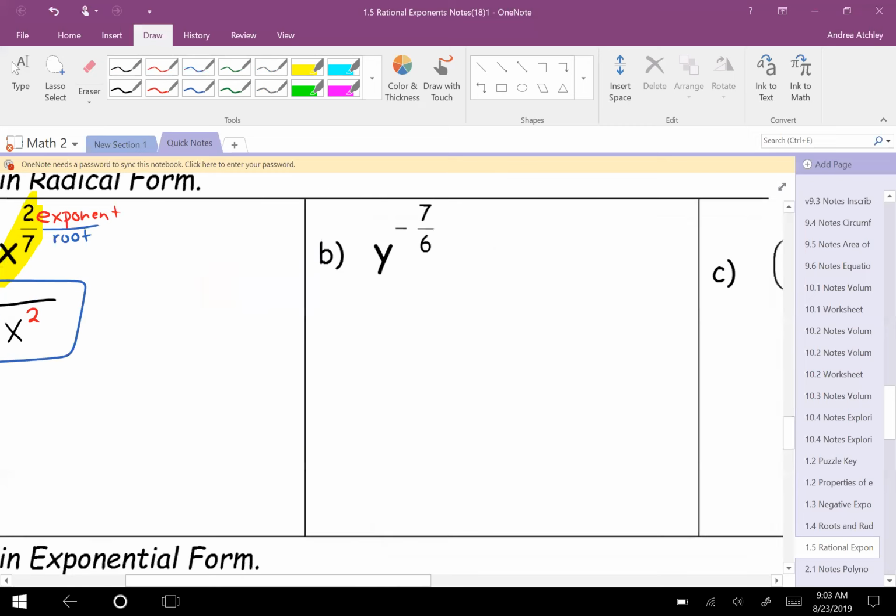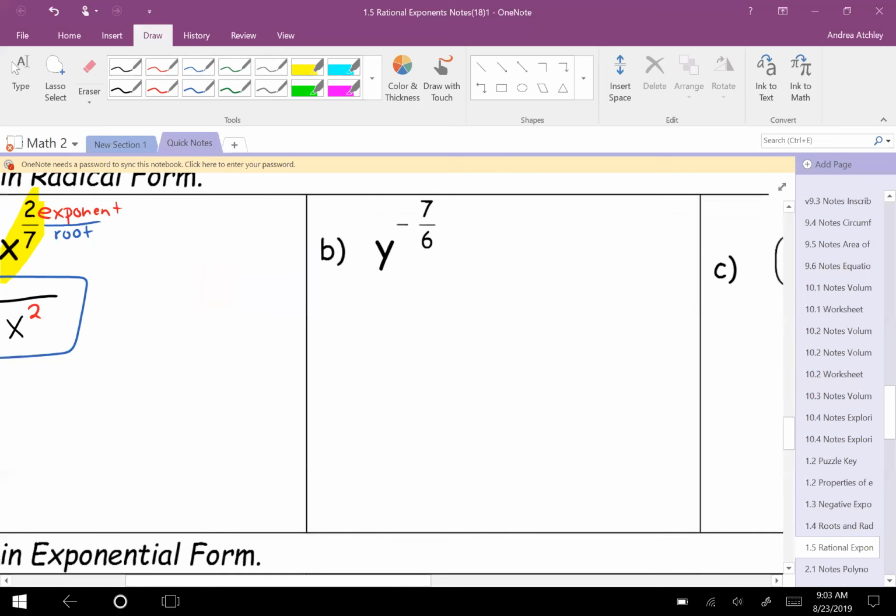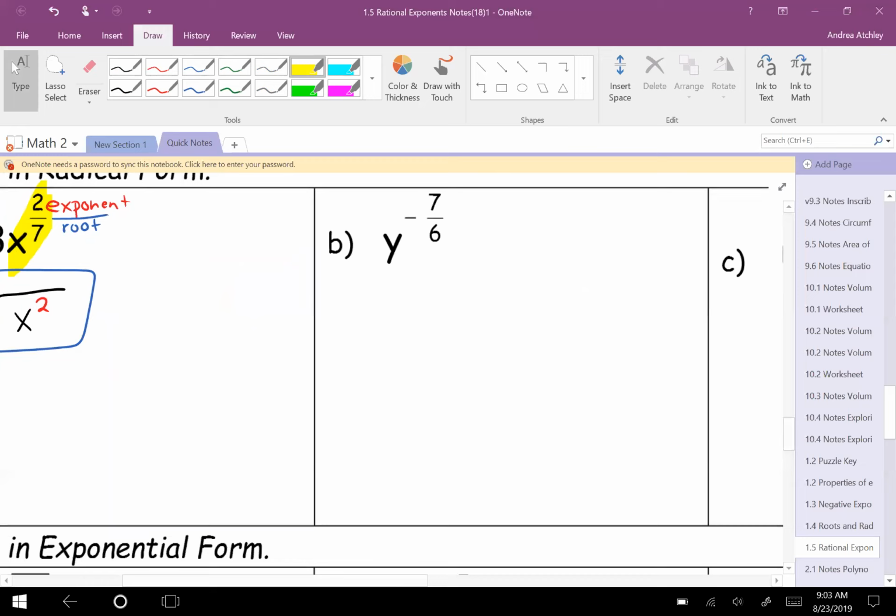Okay, before we can continue and convert this next one, we need to deal with the negative exponent. Okay, and what do we know about negative exponents? Yep. We have to flip it. So this now becomes 1 over y to the 7/6 power.